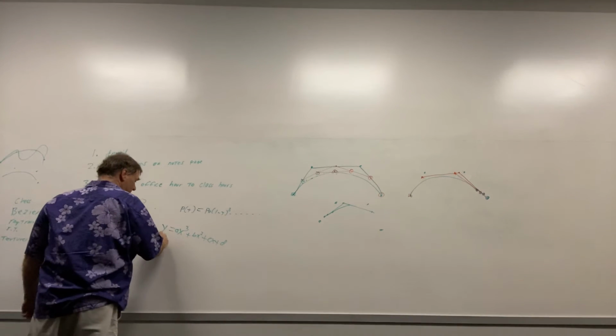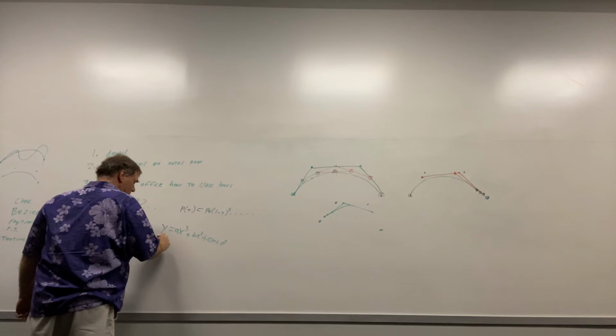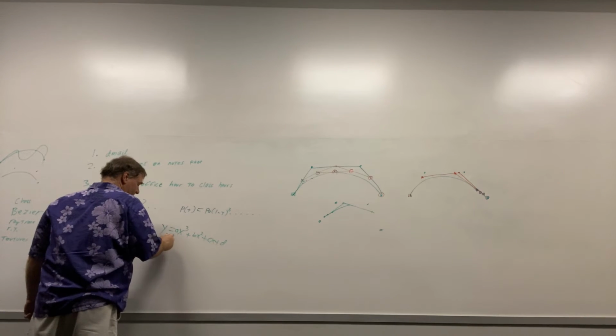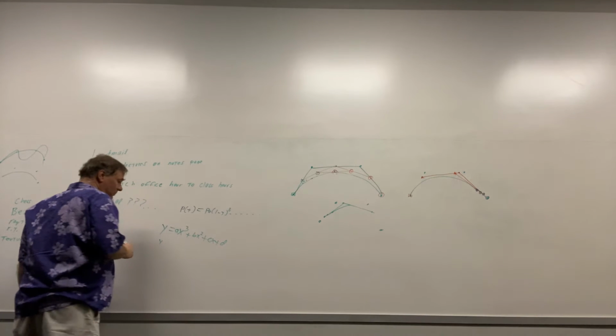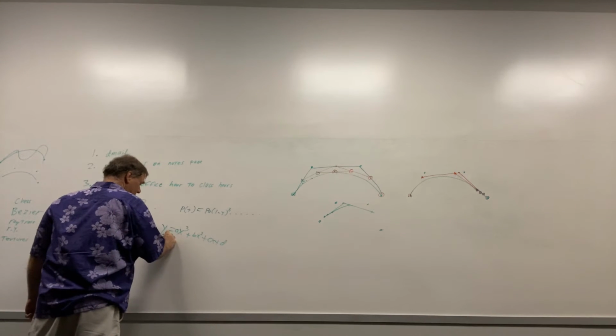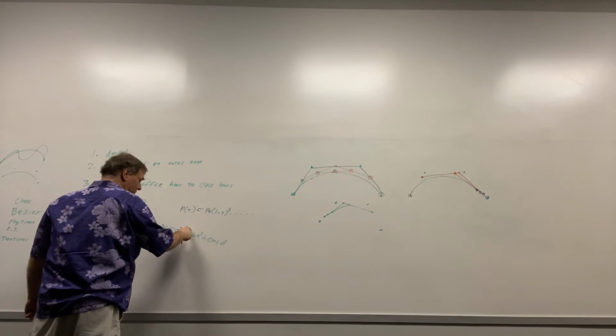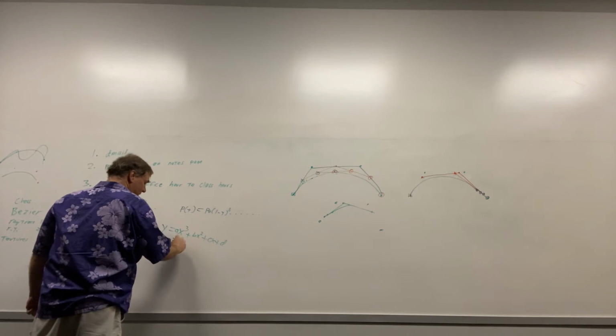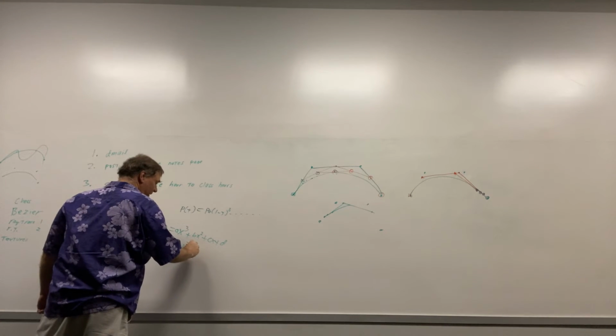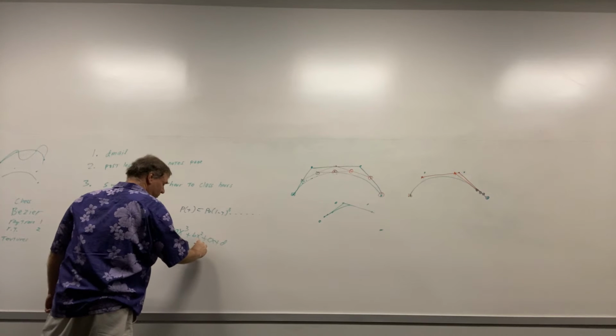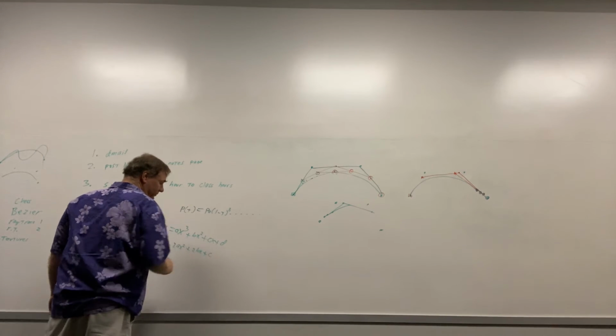The derivative, which we'll call y prime, or derivative of y with respect to x, is 3ax squared plus 2bx plus c.